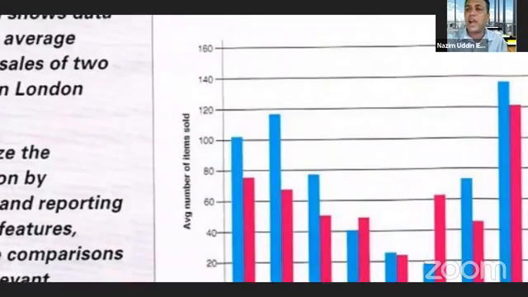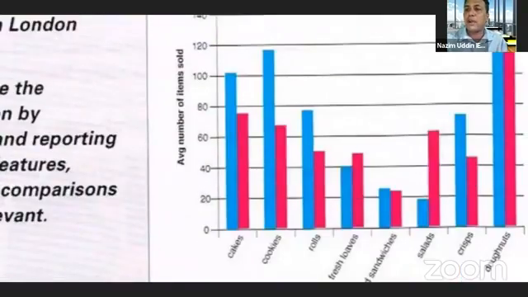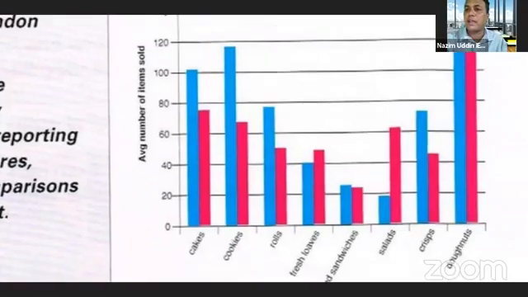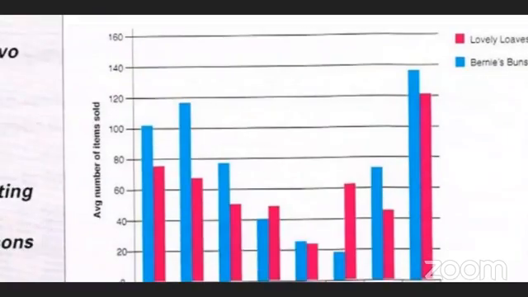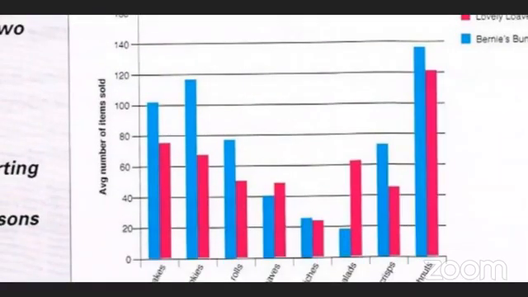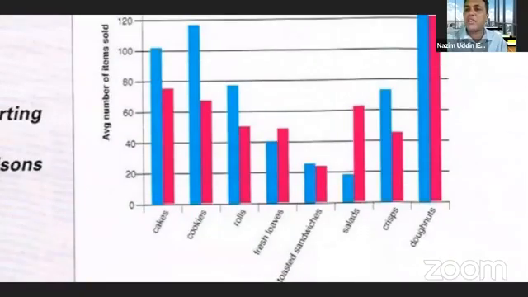So we can see the highest number sold was by Barn Bakery. Their sale was donut. It was the highest, nearly 140 items.